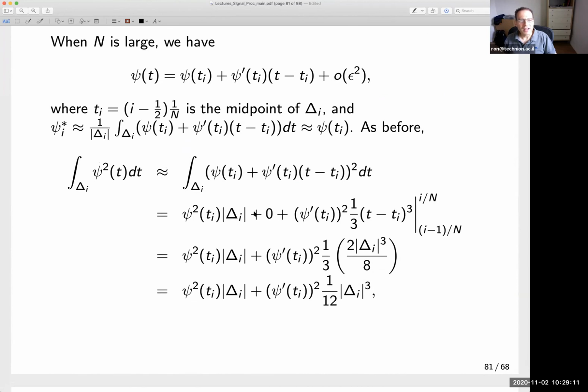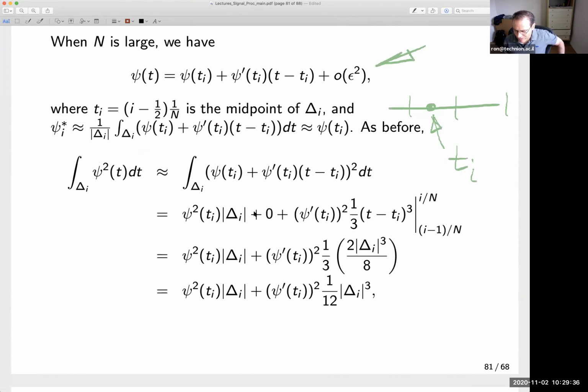Okay, so when n is really, really large, then I can use the Taylor expansion about each point. The sampling times are the center of each and every interval.